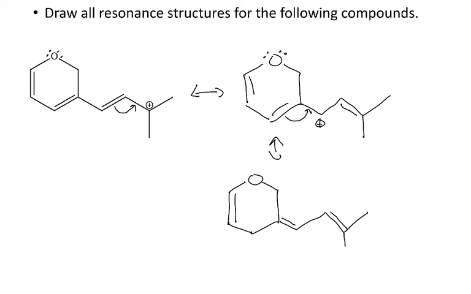All right, and the carbon that lost electron density is that one. And I think I can do it again, but I'm running out of room, so I'm going to go on to the next slide, but what we're going to do is that.